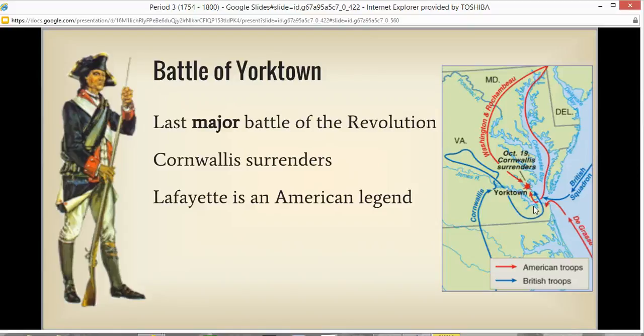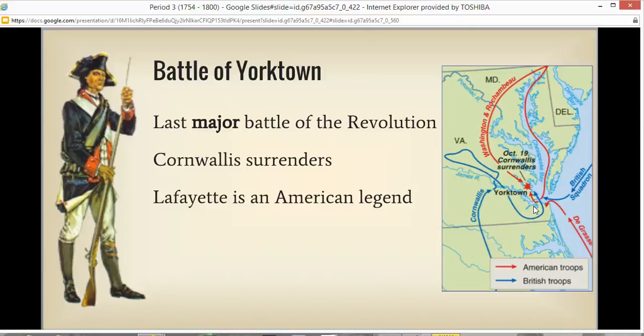He is going to basically trail Cornwallis and make sure that he gets slowed down, and put these speed bumps up in a way and keep Cornwallis on his toes. And because he slows Cornwallis down, that allows other French forces, along with Washington's men, to surround Cornwallis and make him surrender. All right. And so without Lafayette, there is no victory really at the Battle of Yorktown.